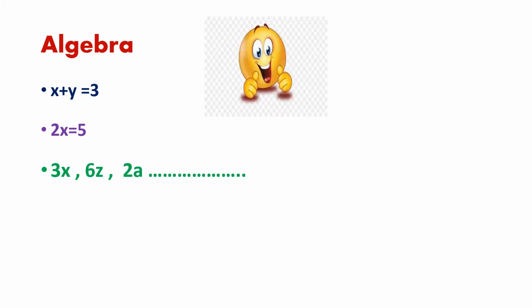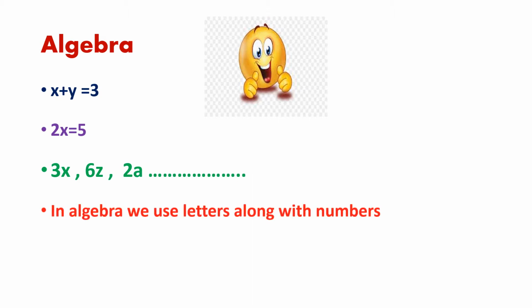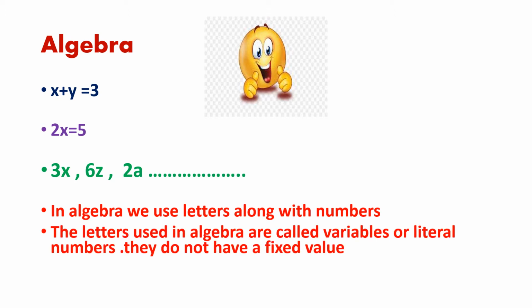where you will be using both numbers as well as letters. Okay, so in algebra we use letters along with numbers. The letters used in algebra are called variables. The variables don't have a fixed value, so we will just write them as x or y or z.